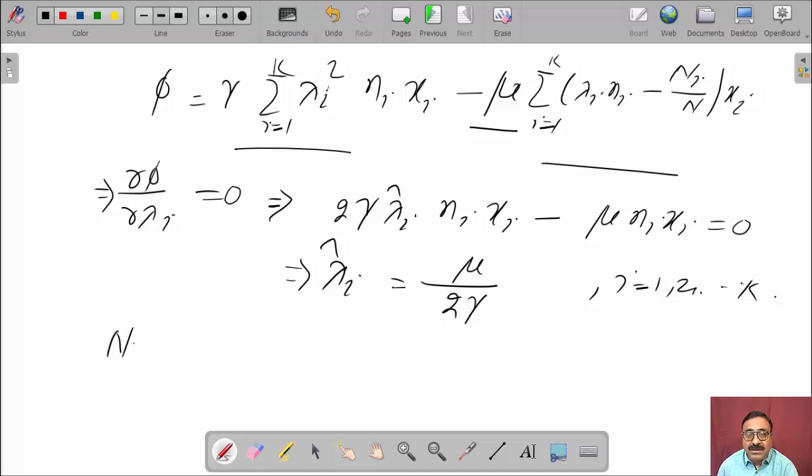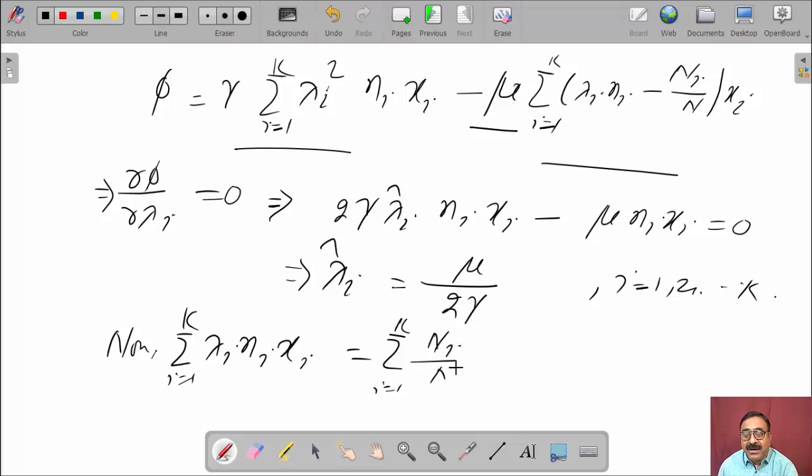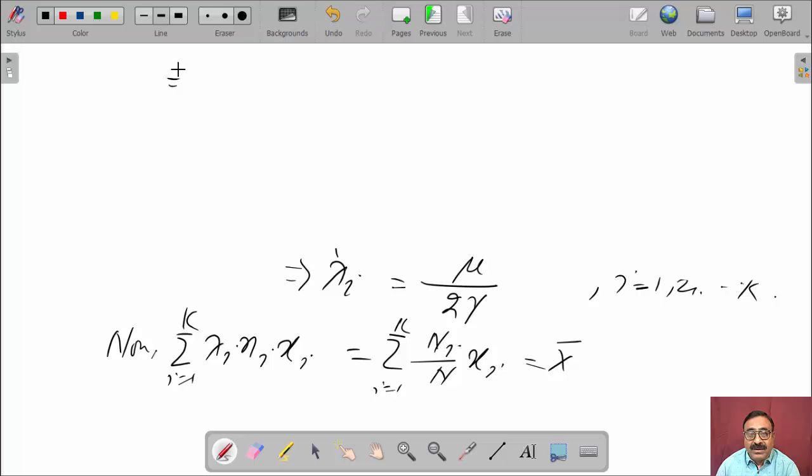So now summation i equal to 1 to k lambda i n_i x_i is equal to summation i equal to 1 to k n_i by n x_i, that is equal to x bar. So this implies mu by 2 gamma summation i equal to 1 to k n_i x_i equals x bar.